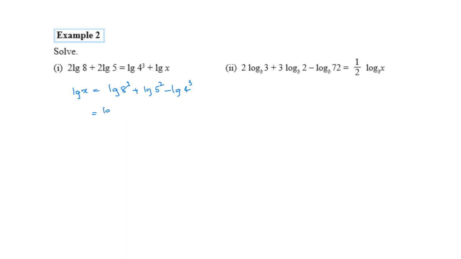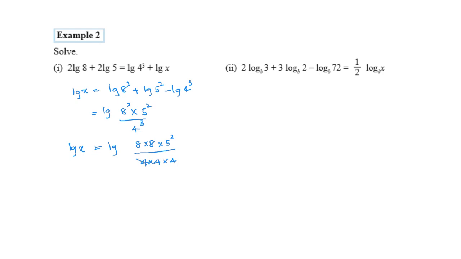Then I can write here 8 squared, with addition, multiplied by 5 squared, and for subtraction you have to divide by 4 cubed. Here you have lg x, then lg of 8 times 8, times 5 squared, divided by 4 times 4 times 4.